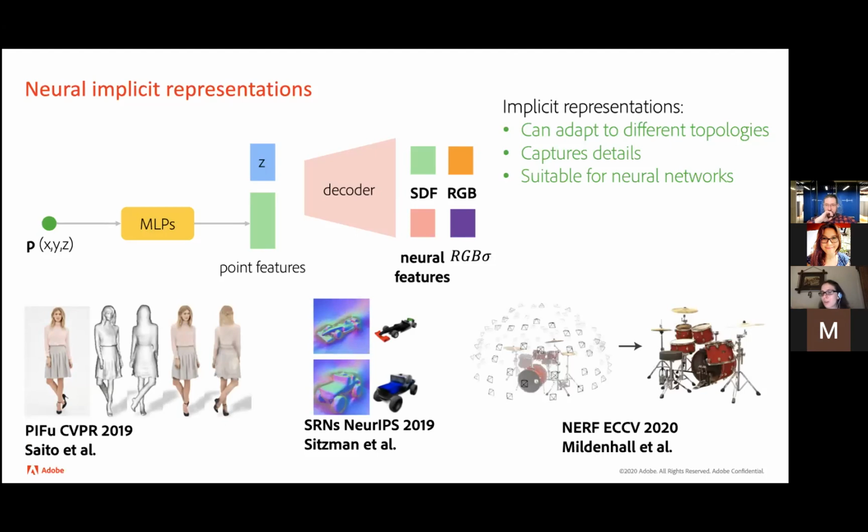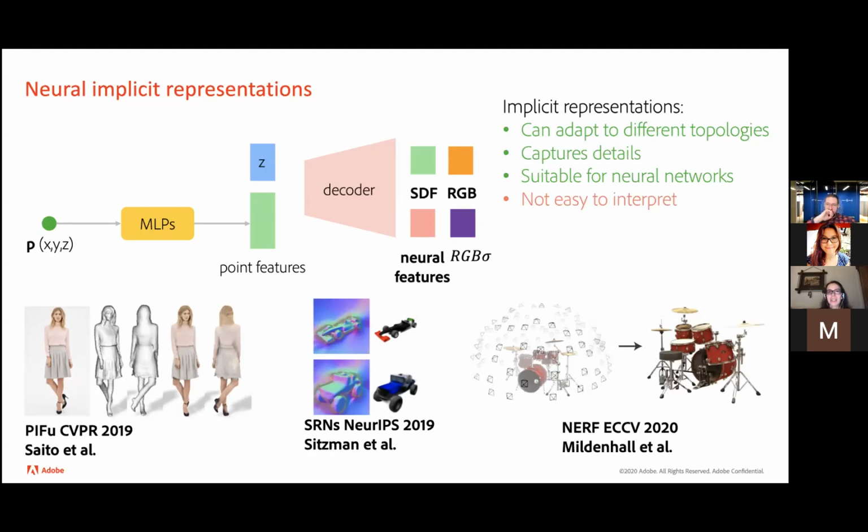And as most of you may know, you can also predict radiance fields, which has gained a lot of popularity. These are all advantages of the implicit representations. On the downside, though, they are not as easy to interpret as explicit template models. So if you want to do some editing, you would need to edit these implicit features that you have learned. So it may not always be trivial to map them to some semantic edits.